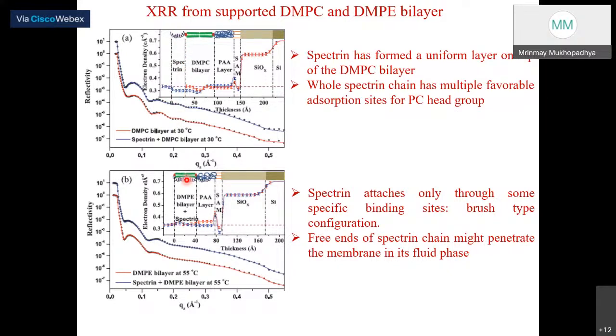When you have a PE molecule, you don't see this kind of spectrin layer on top of PE. So now you can go back to your cell biology and say that when you have a PE molecule, the cytoskeleton, that uniform layer, doesn't form.